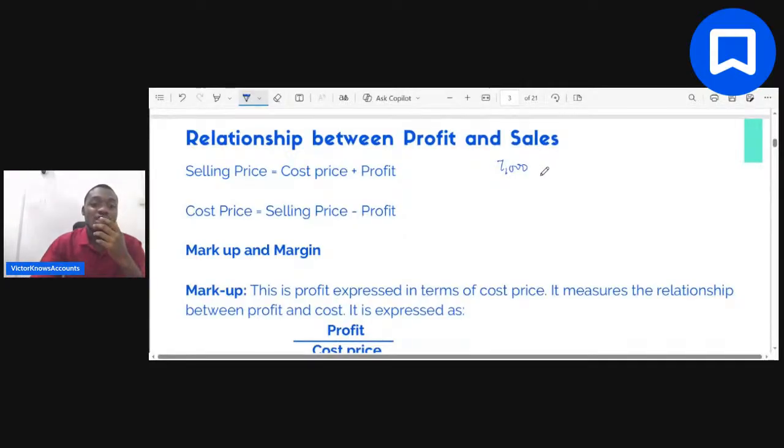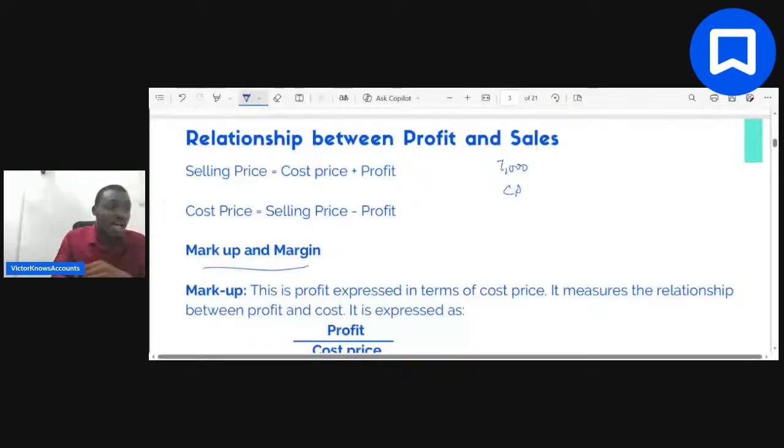Now, it is the concept of markup and margin that helps you know how much you should sell this product. This one is the cost price. To know how much you want to sell it, you must first think, how much profit do I want to make on these sales? Do you understand that? I bought this thing for 7,000.